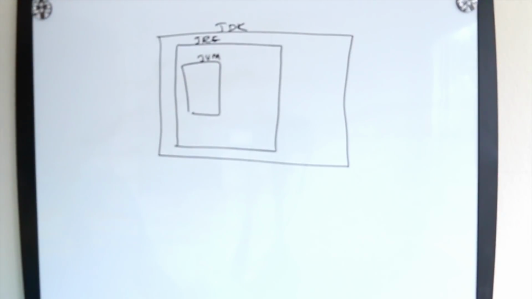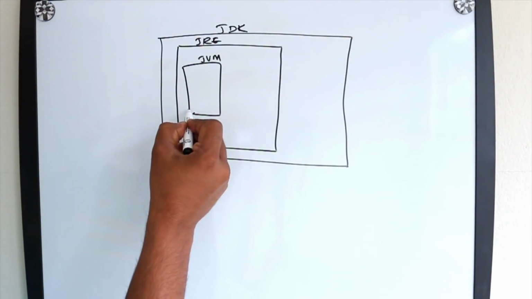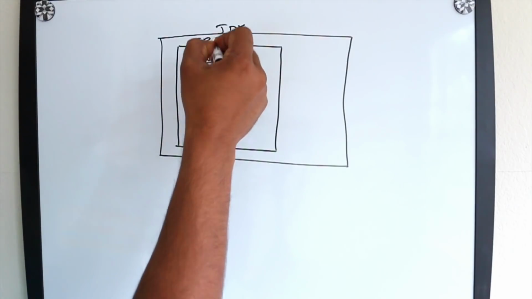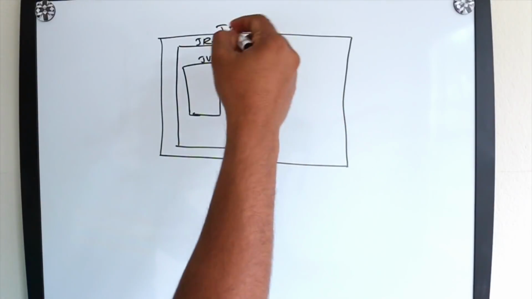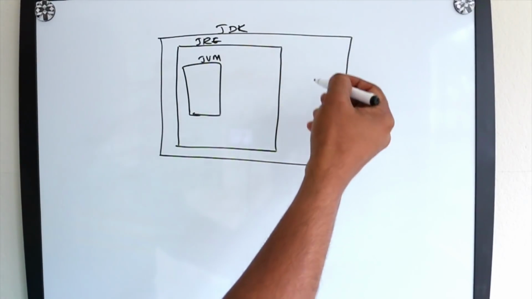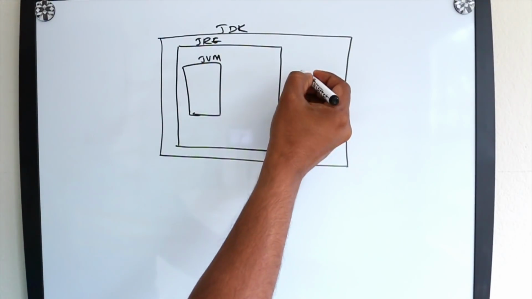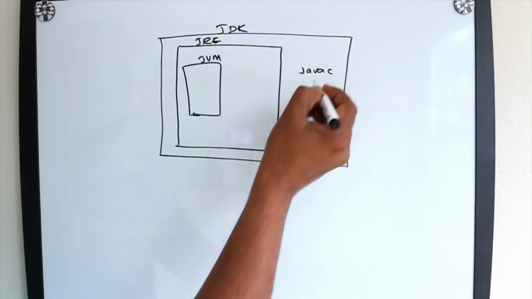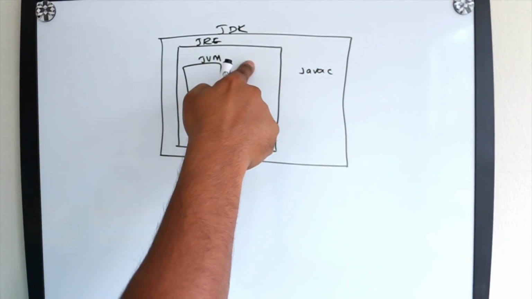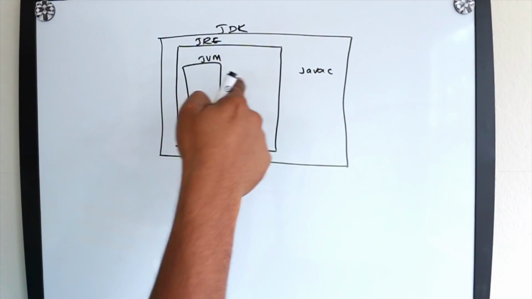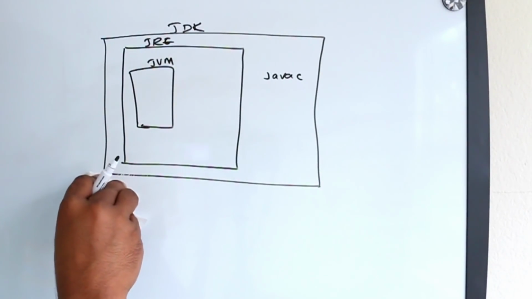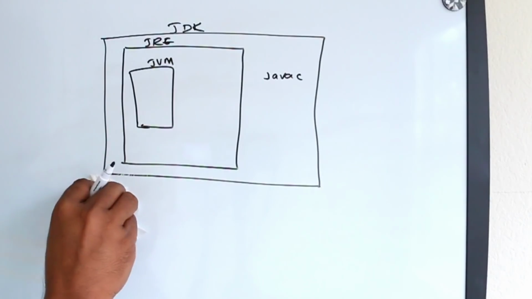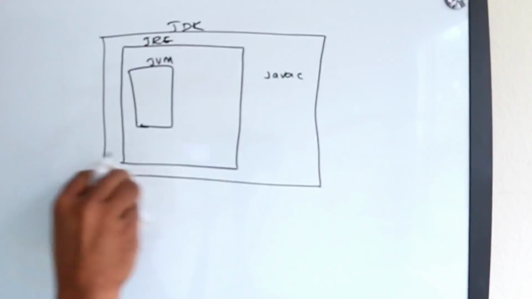So the JVM is inside the JRE, and the JRE is inside the JDK. The JDK has other tools and components beyond the JRE, for example javac, and there are a lot of libraries other than the JVM. So this is, at a very high level, where the JVM is.